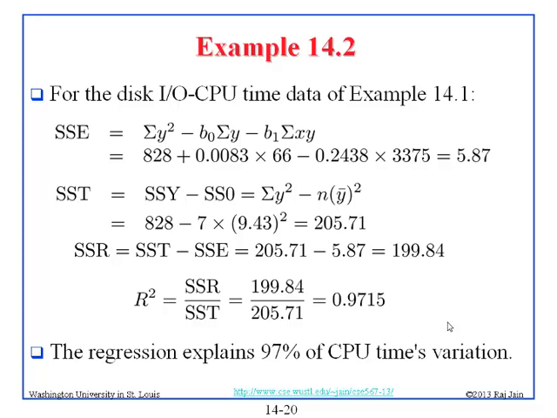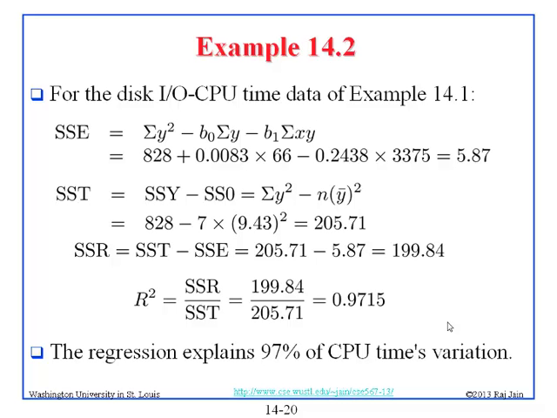But you can also get it by this formula, which is sum of y squared minus b0 times sum of y minus b1 times sum of xy. So you can calculate sum of y squared, sum of y, sum of xy, and put it together. Anyway, you get 5.87. You can calculate SST as the total variation, so you calculate the sum of squares of y and then minus n times y bar squared, and you get 205.71.